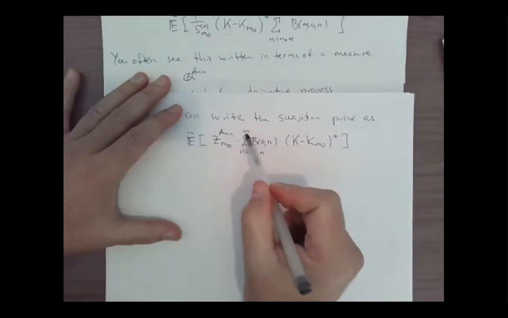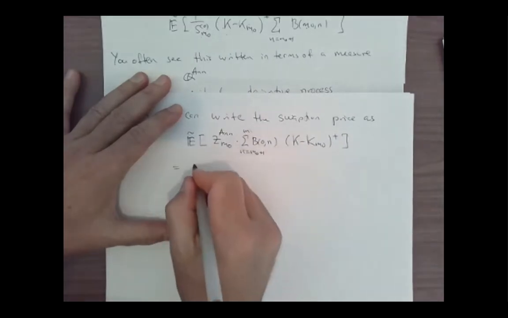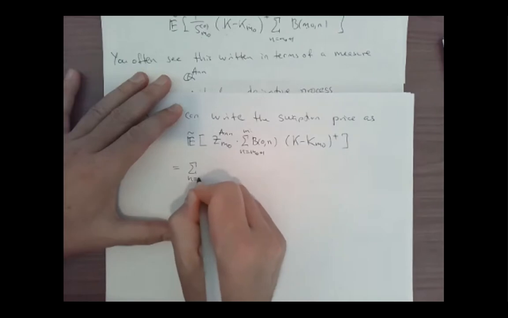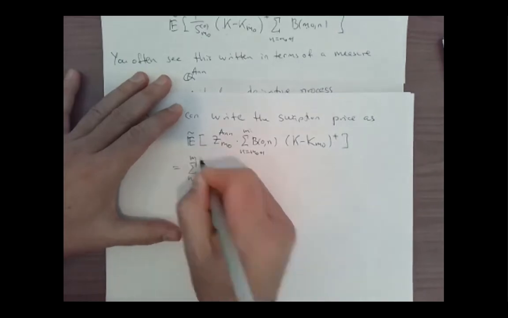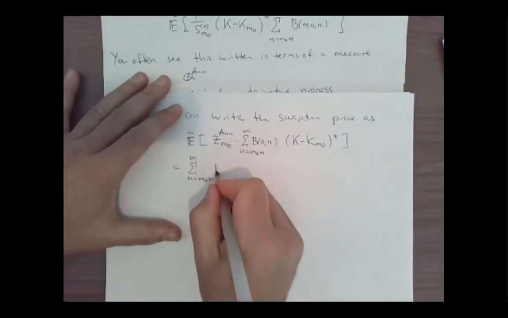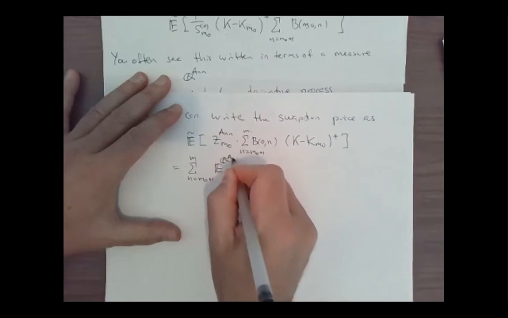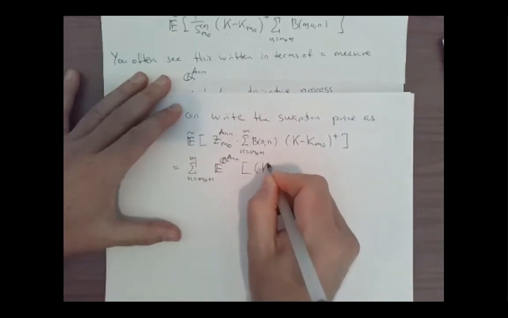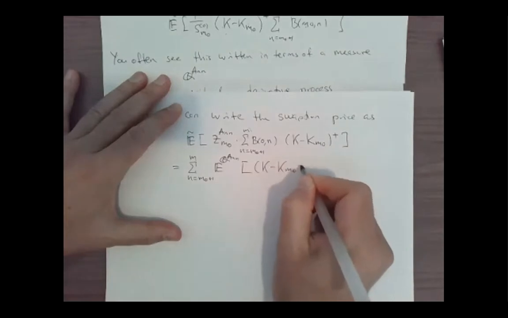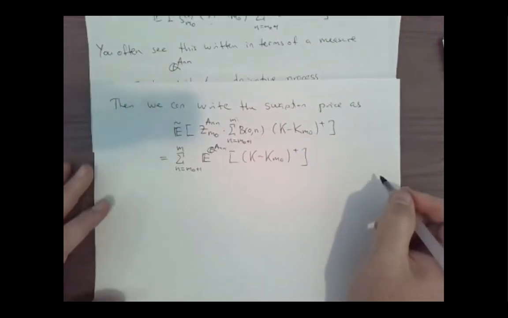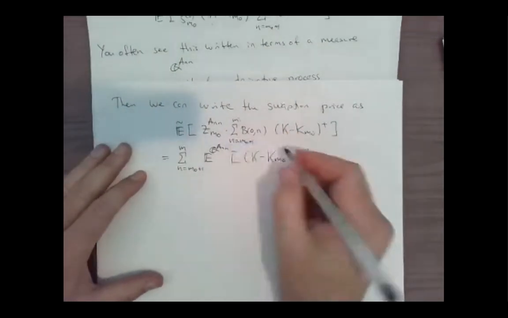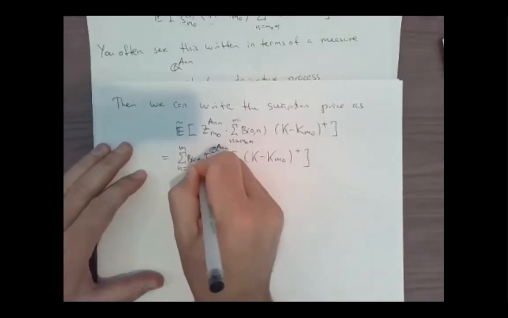And now this is a constant. You can go outside and do the change of measure. This will be the expectation now under this Q^N of K minus K_M0. So this is a formula, and my zero coupon bonds have been pulled out here. This is a formula that you will see quite a lot.